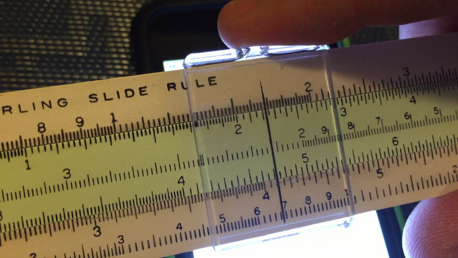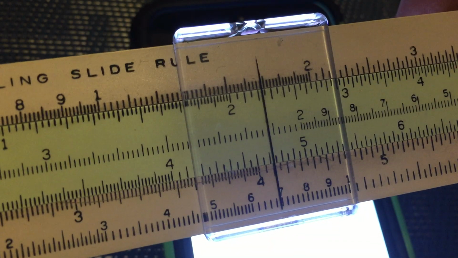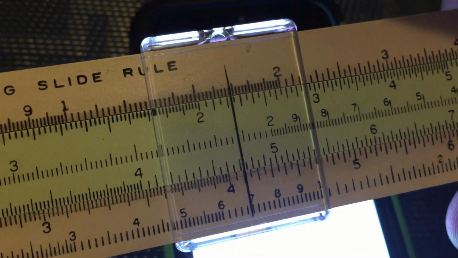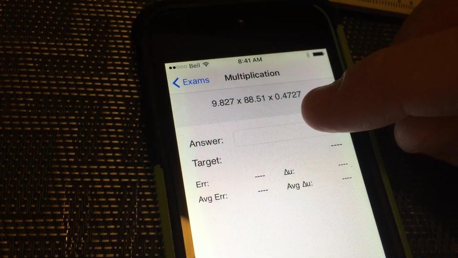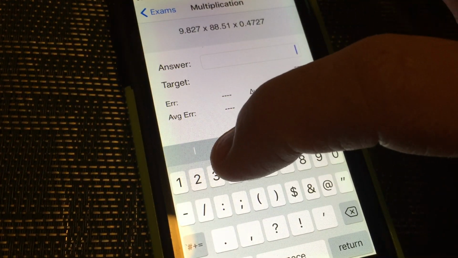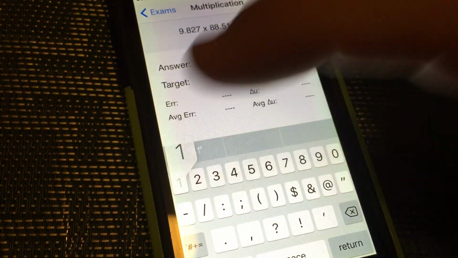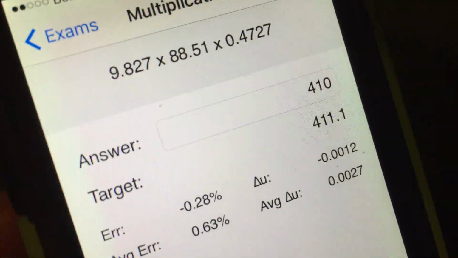Okay, and our answer is, it looks like, 4.1. So remember, we were looking for a number that was roughly about 400 something or 500. So it's going to be 410. Let's see if we get close. And our target was 411.1.